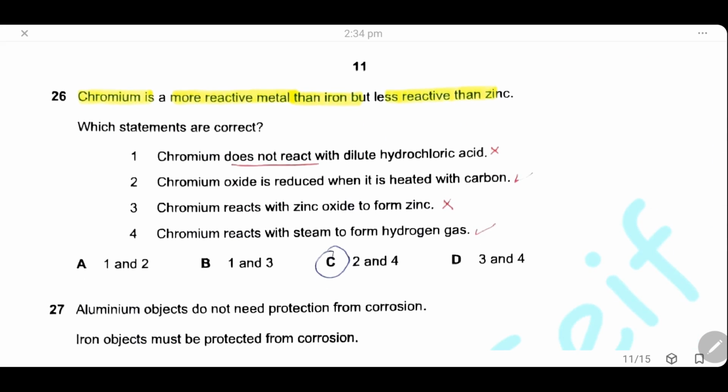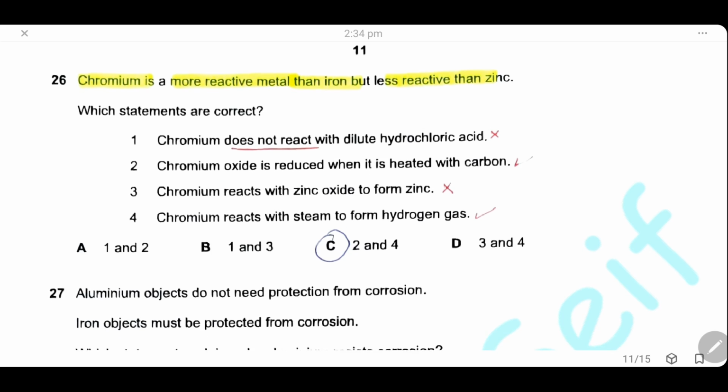Question 26. Chromium is a more reactive metal than iron, but less reactive than zinc. So now we have chromium between iron and zinc. Which statements are correct? Chromium doesn't react with dilute hydrochloric acid. Of course not, because it's more reactive than iron, and iron reacts with the acid, so chromium will react with dilute hydrochloric acid. Chromium oxide is reduced when it is heated with carbon.